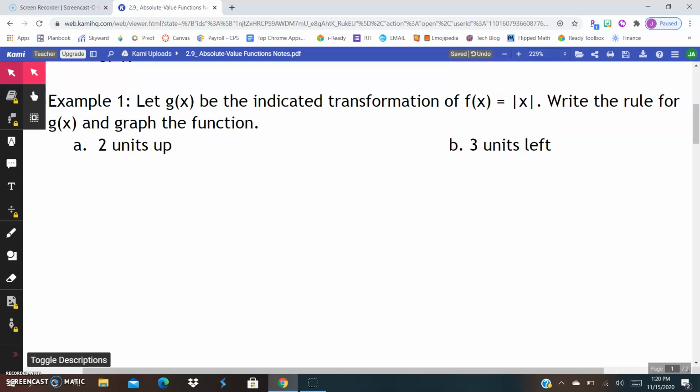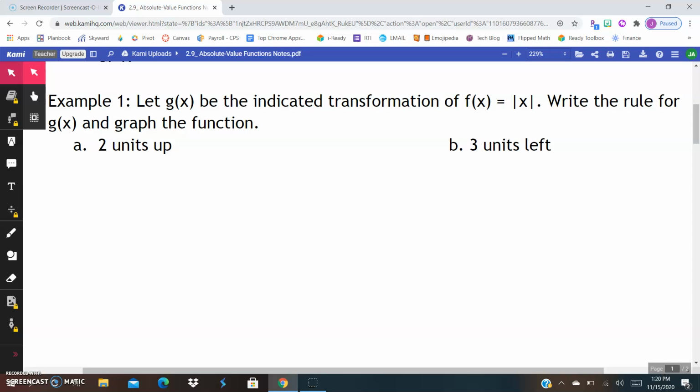For example 1, we are going to let g of x be the indicated transformation of f of x equals the absolute value of x. And we need to write a rule for g of x and then graph the functions. So just like when we transformed linear functions a little while ago, the same rules apply for these.